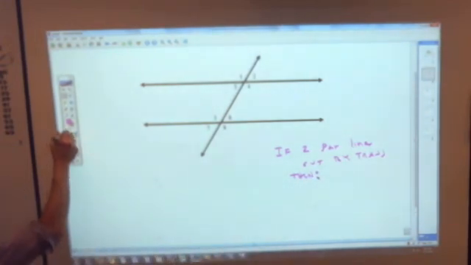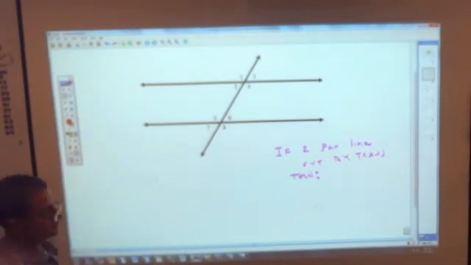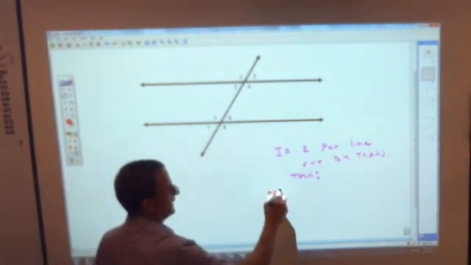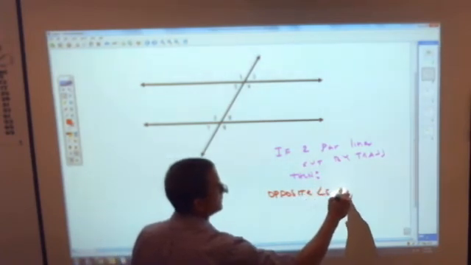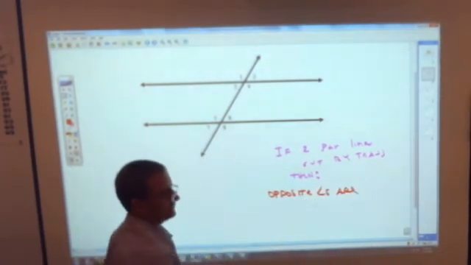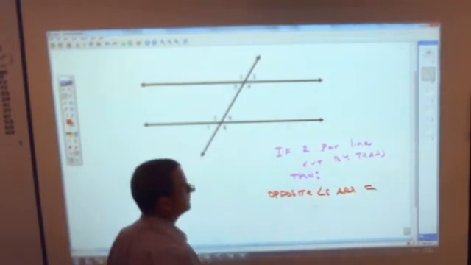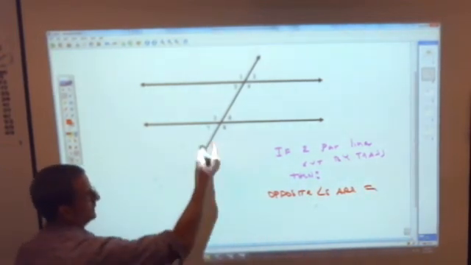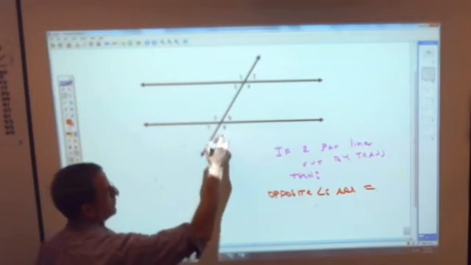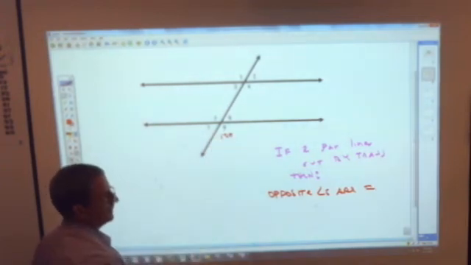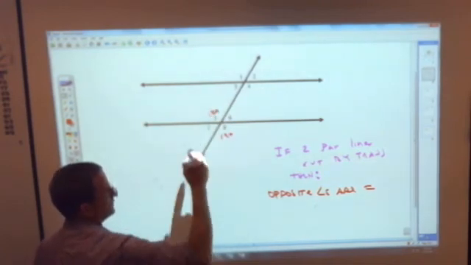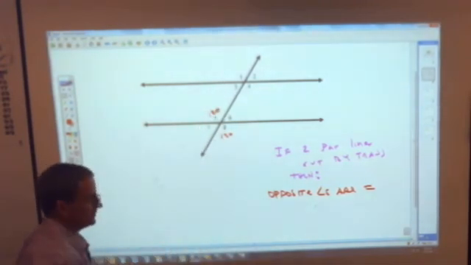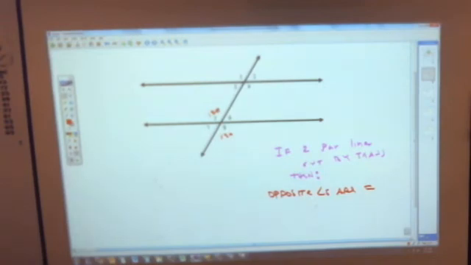The first thing, opposite angles are, ladies and gentlemen, equal. If angle 8 is 120 degrees, the angle opposite, which is angle 5, is also 120 degrees. It is just a thing.